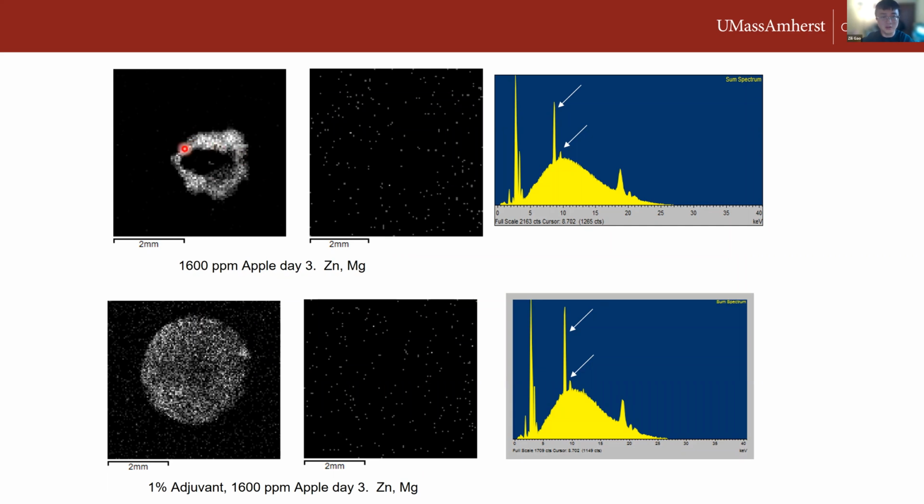Without surfactant, the zinc oxide is more aggregated. With surfactant, the distribution of zinc oxide is more uniform, which indicates that the surfactant helps the zinc oxide distribution on the ampoule surface.